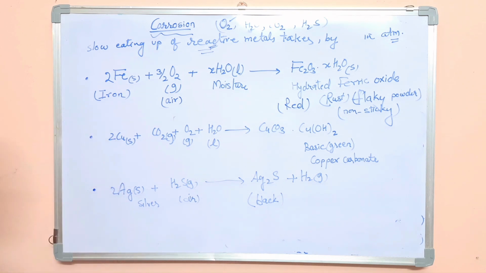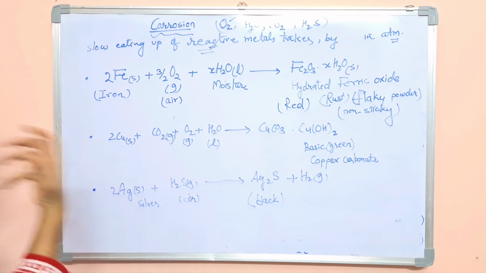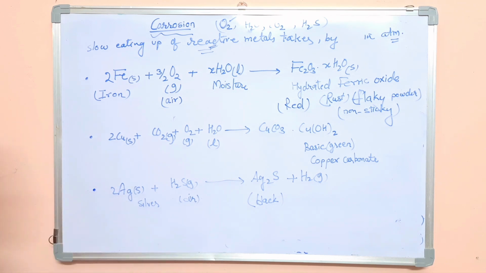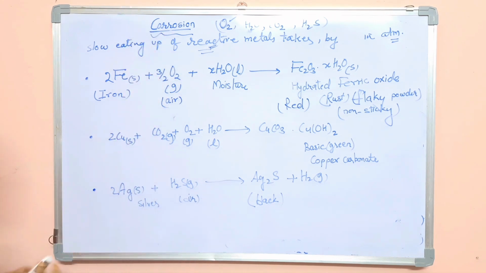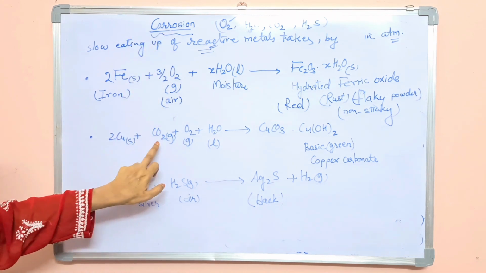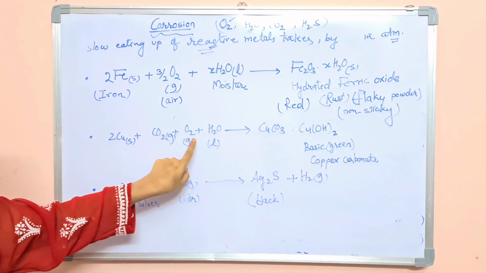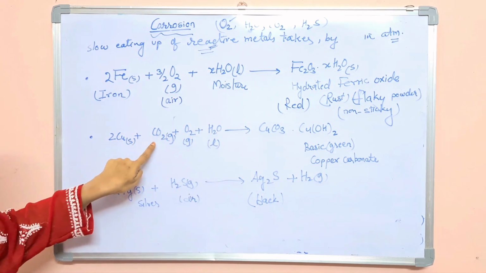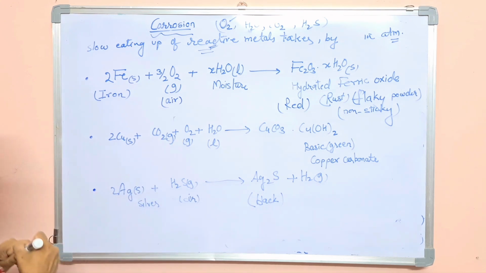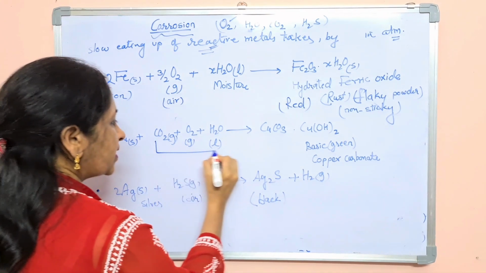Now what about the copper? Copper utensils or copper articles, I think all of you have seen that if you are not cleaning them regularly, they are converted into green color. That also comes under the process of corrosion. So this copper combines with carbon dioxide, oxygen and water.